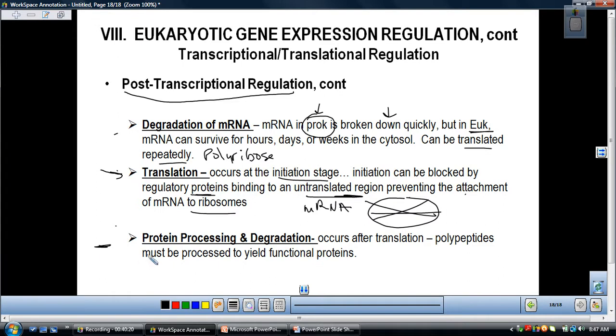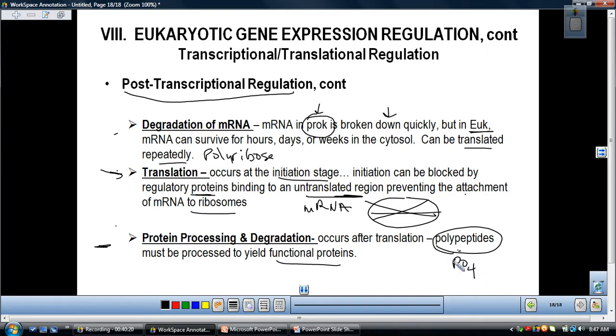Okay, and the last bit that you see down here is once a protein is produced, or I should say the polypeptide chain, before it becomes a functional protein, it definitely goes through some modification, has to be processed. Sometimes it involves joining with a second polypeptide chain, or in some cases a phosphate group will be added to the end of it, which will help it turn into a different protein.